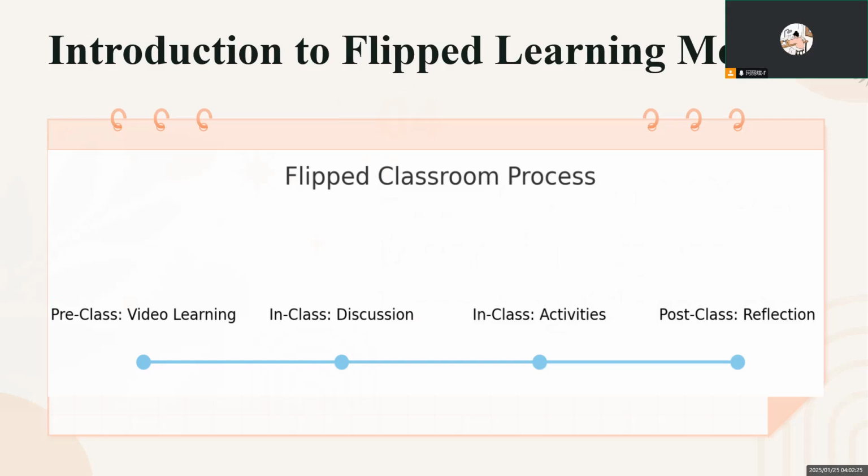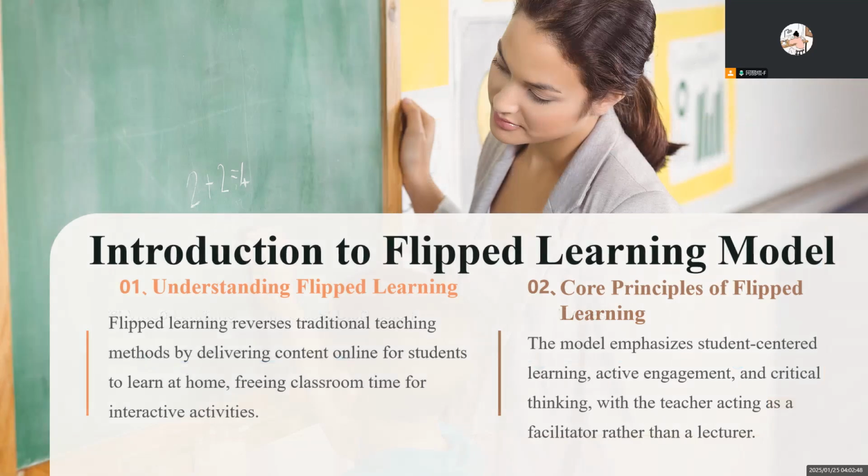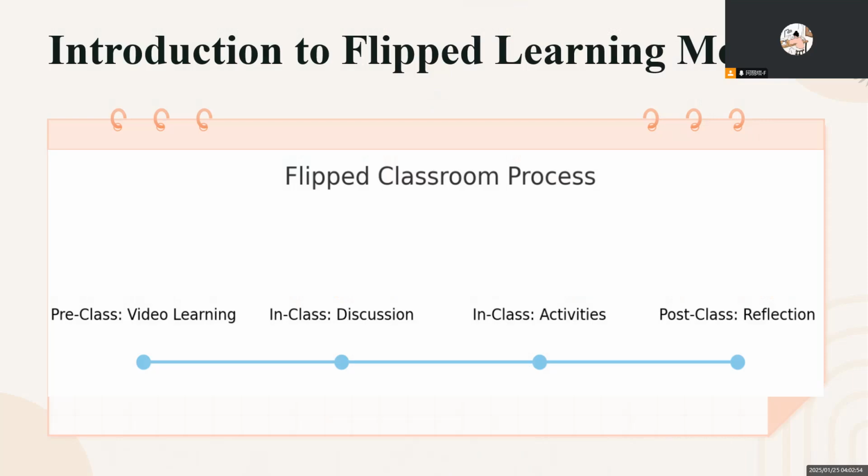Students review videos and materials beforehand, engage in collaborative tasks during class, and reflect after class to consolidate learning. This model emphasizes student engagement and active participation, making it an ideal match for the COI framework.